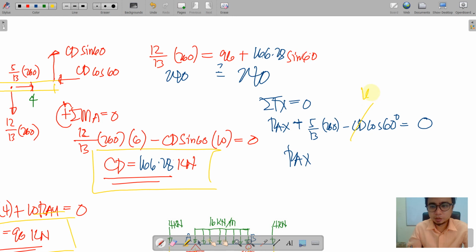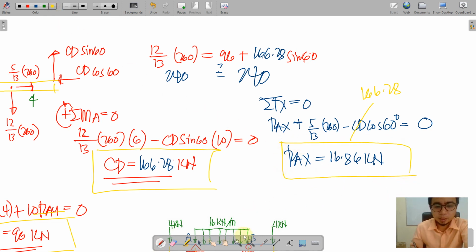This is 166.28. Finally, RAX is equal to 16.86 kilonewtons. Okay, so that's it for the horizontal. So I think we have completed the reactions obtained here.